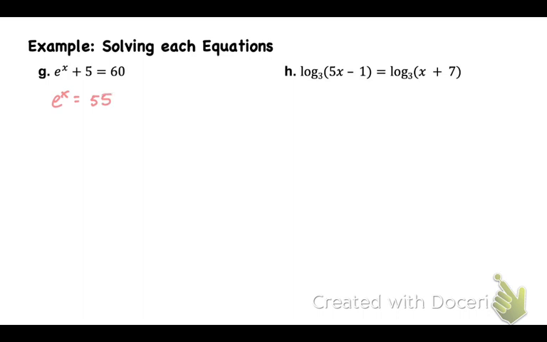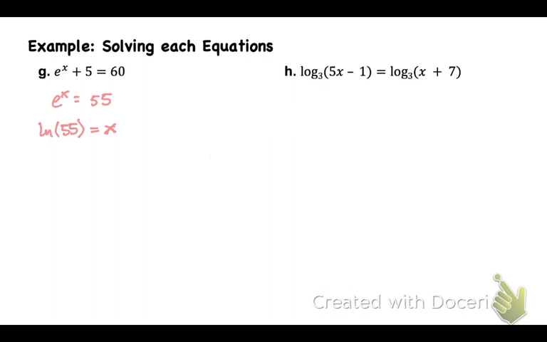Change form. Okay. So what do I get? Natural log of 55 equals x. And actually what you're doing is changing form, not base. But I knew what you meant.